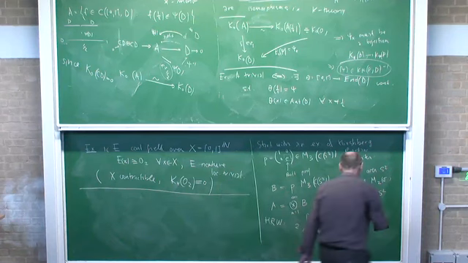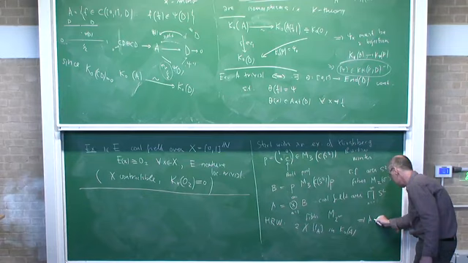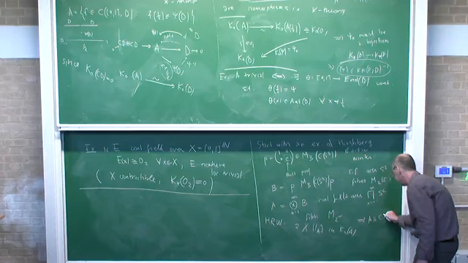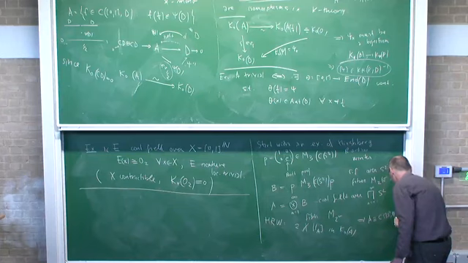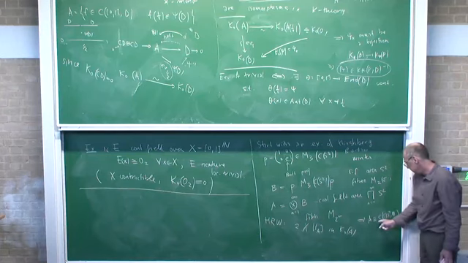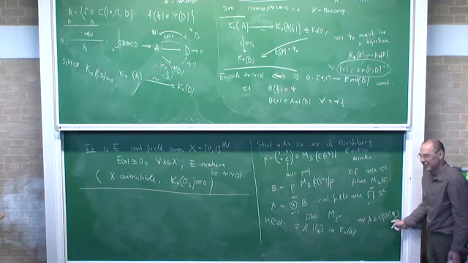Because of that, it shows that A is not isomorphic to the trivial field. Why? Because in the trivial field, the identity is divisible by 2.